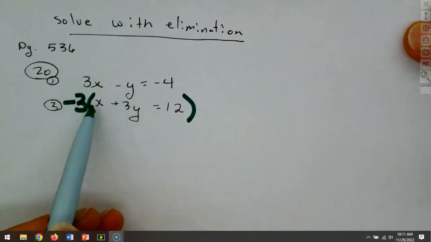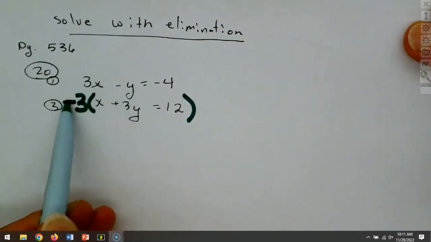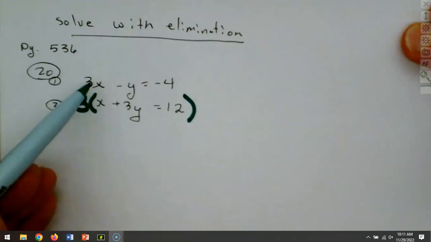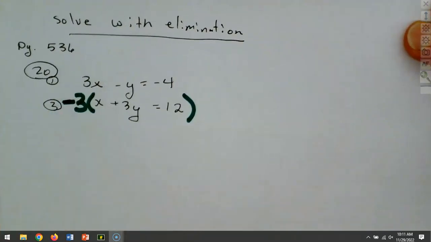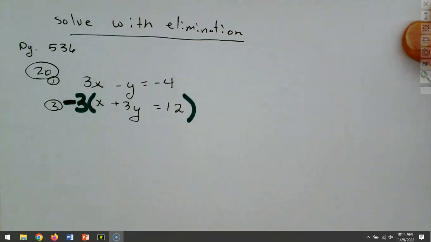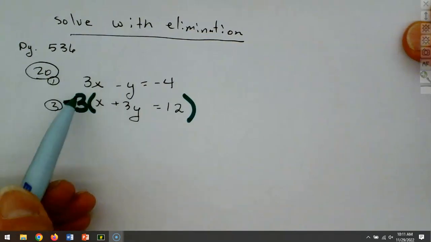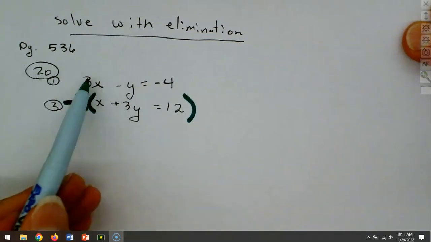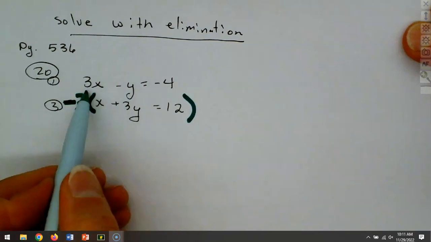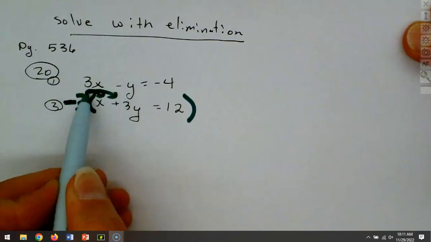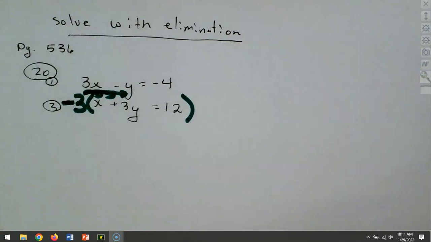I'm going to use the 3, that makes it a 3x. I'm putting the negative here so they cancel out, because I'm going to be adding down. And when I add down, I want one of the variables to go away. So they need to be the same and opposite in signs. So this is a positive 3x. Well, I need a negative 3x. So I'm going to put the negative 3 there, and I'm going to distribute through.